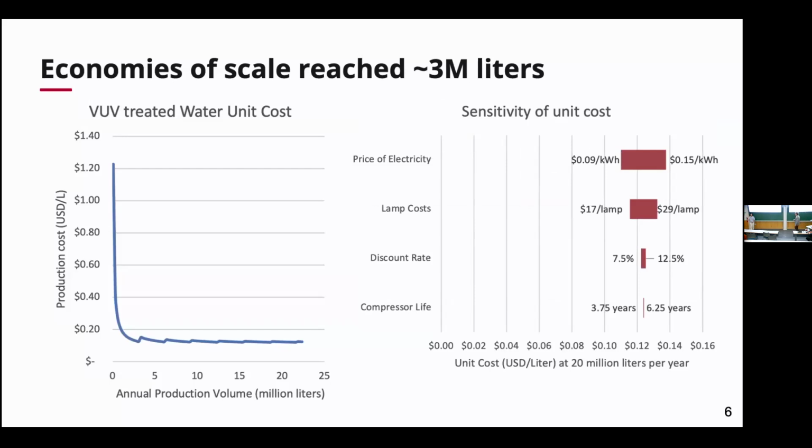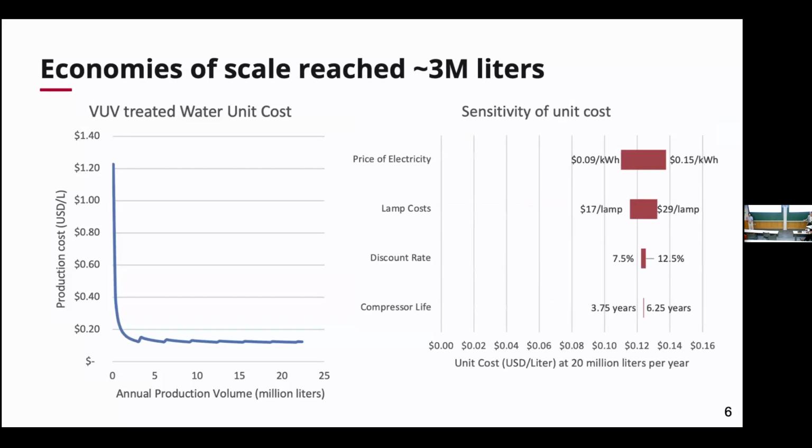Looking at the sensitivity of our cost model to different inputs, as you can see, the price of electricity dominates the sensitivity. We estimated our commercial price of electricity from Pennsylvania costs, which is about 12 cents per kilowatt hour. If you range that from 9 to 15 cents, it changes the price of a liter of the processed water to between 11 and 13 cents.